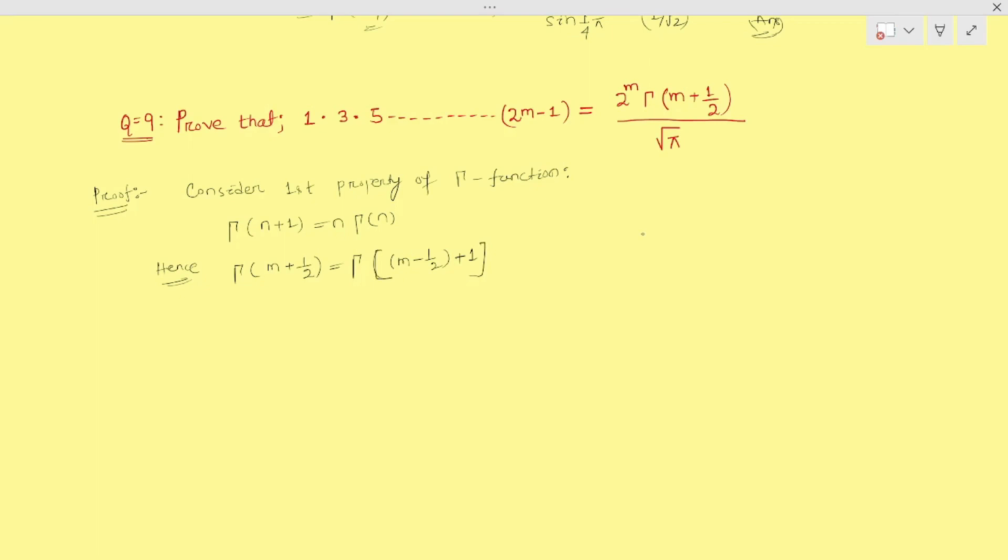So if I use the first property on this, then it will be m minus 1 by 2 gamma m minus 1 by 2, right?